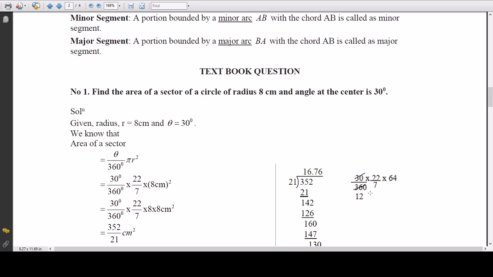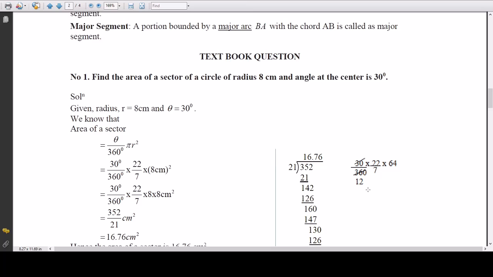Then this 12 you can cancel with 4. 4 3s are 12, 4 1s are 4. Remaining 2 with 4, 24.